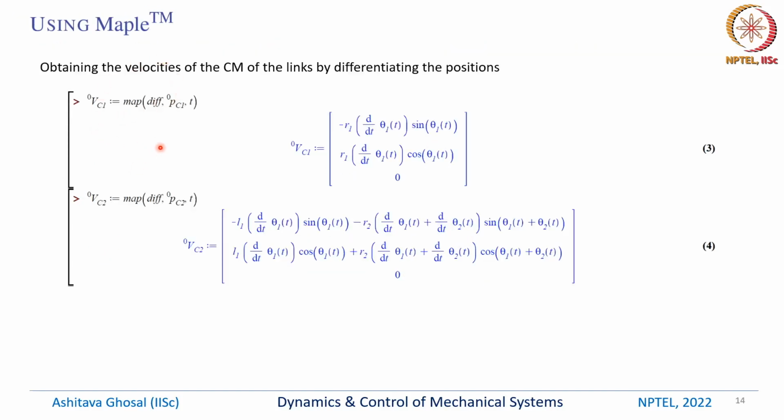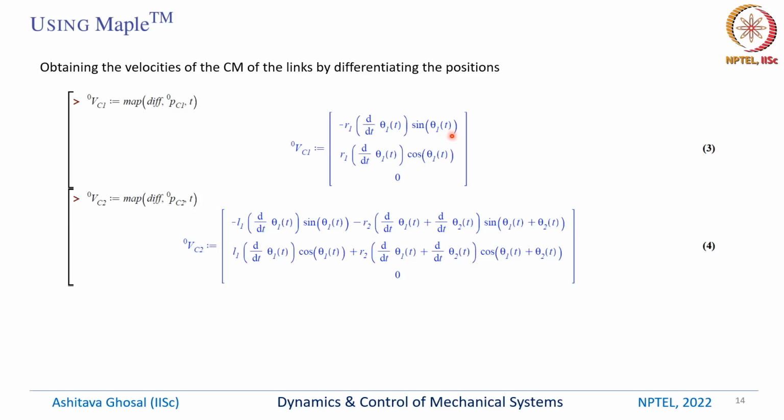Then we can find the velocity of the center of mass, and as I said, we differentiate 0pc1, which is the position vector, with respect to time. This means that you want to differentiate this position vector, and when you differentiate, you can see the output is minus r1 d by dt of theta 1t, so this is like theta 1 dot into sine theta 1.